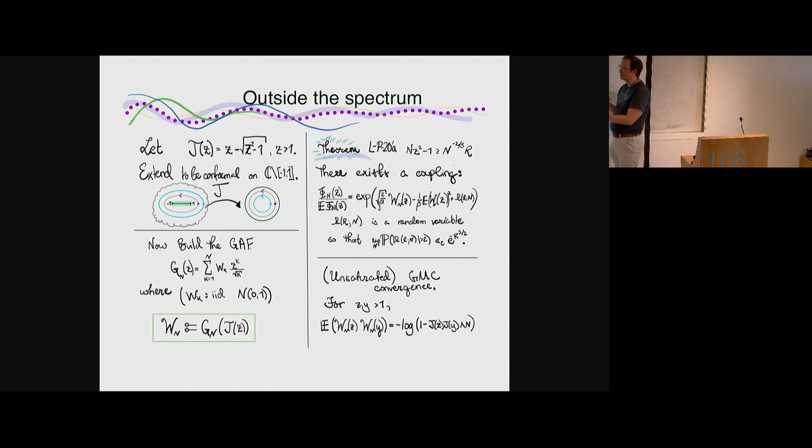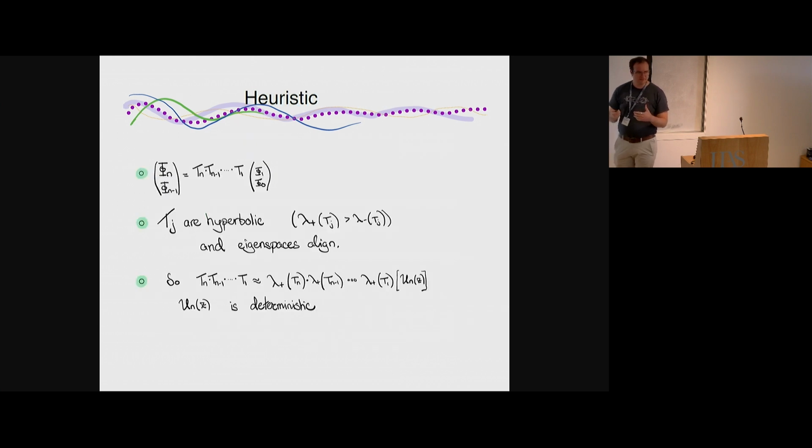I'm going to say one word about the proof. It's got a very simple heuristic, which is very satisfying. Unfortunately, the paper is not this long. I wish it was. Why is this so simple? So if you have this phi n minus 1, that's a product of transfer matrices multiplied by the initial condition.